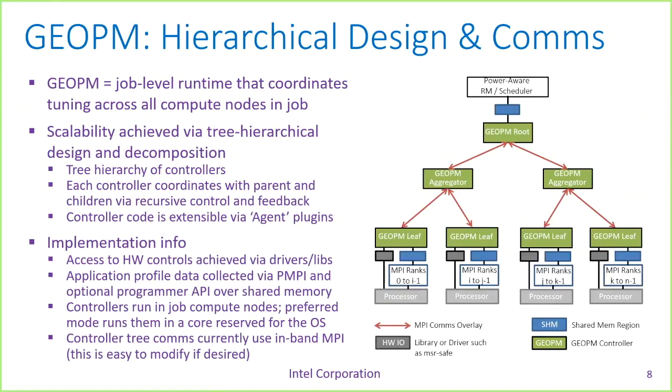Try to find an allocation among its children, GEOPM leaves in this example, that maximizes performance, and so on. At each level of the tree, performance is taken to be the aggregate performance of all of the nodes in the tree below them. So for example, at the aggregator, performance is taken to be the min performance of any of the leaves, and then at the root, performance is taken to be the min performance of any of the aggregators.